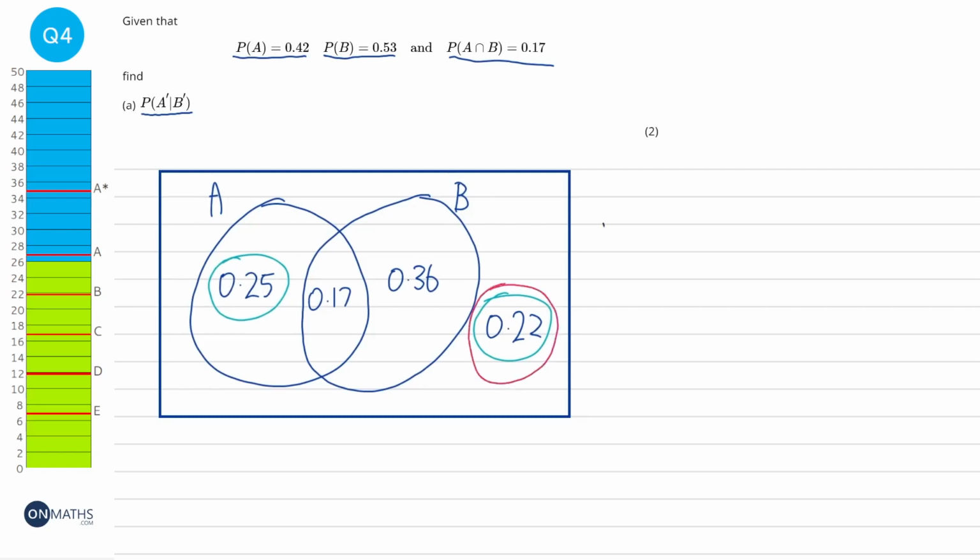And so the probability of not A given not B is going to be the one we're looking for, which is the 0.22, over the total amount of probability. So that's going to be the 0.22 plus the 0.25. And that's just going to be 22 over 47.